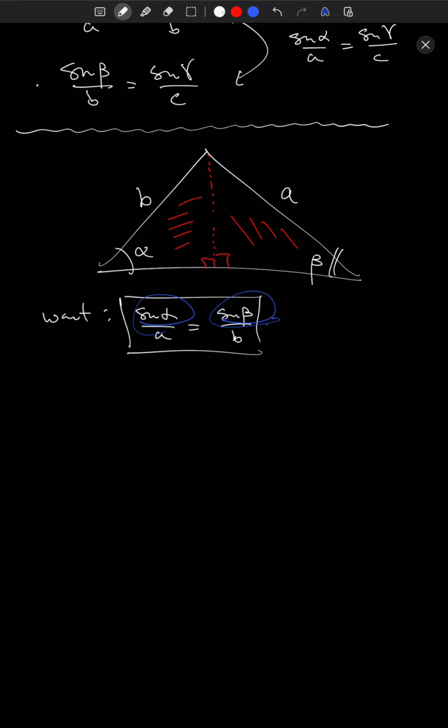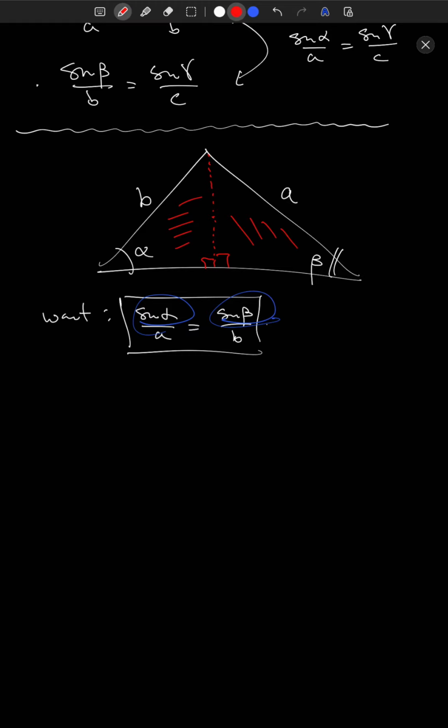Remember, we're working with just a general triangle. It doesn't have to be a right triangle. So the triangle we started with is not a right triangle, so you can't even say opposite over hypotenuse. There is no hypotenuse. So dropping this perpendicular down makes sense because it creates a right triangle for me in order to use the idea of sine being opposite over hypotenuse.